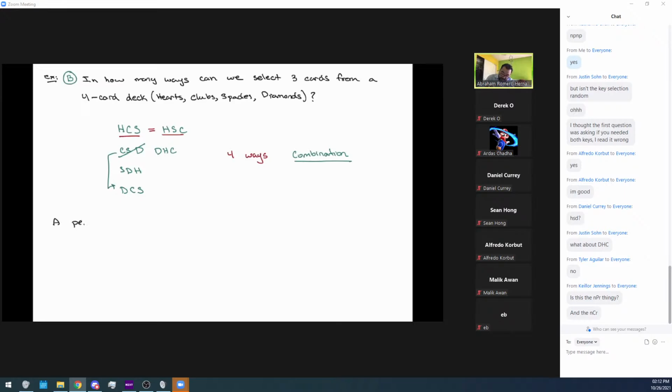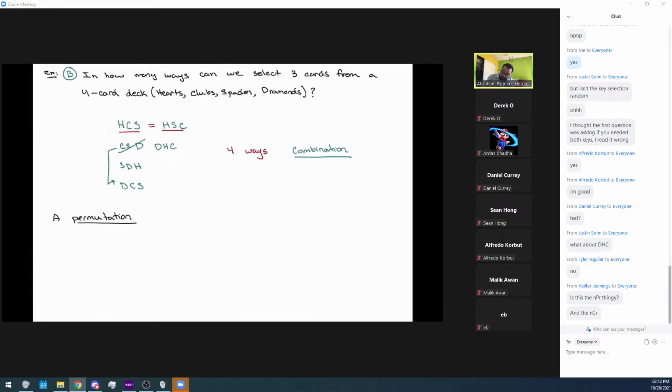So a permutation. A permutation of a set of distinct objects is an ordered arrangement, like how we did the one with selecting 4 cards in 3 spots.